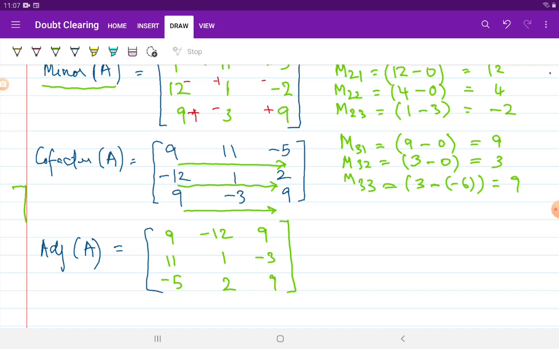So, you have found the numerator which is adjoint of matrix A, and you know that the determinant of A or the denominator has the value 42.